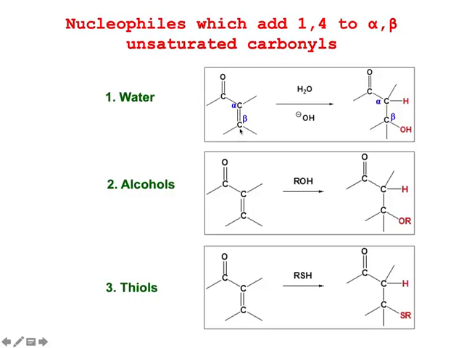So the nucleophile attacks the beta carbon and then moves here to become the end product of 1,4 addition. Okay, look at here, the position of the nucleophile attached.